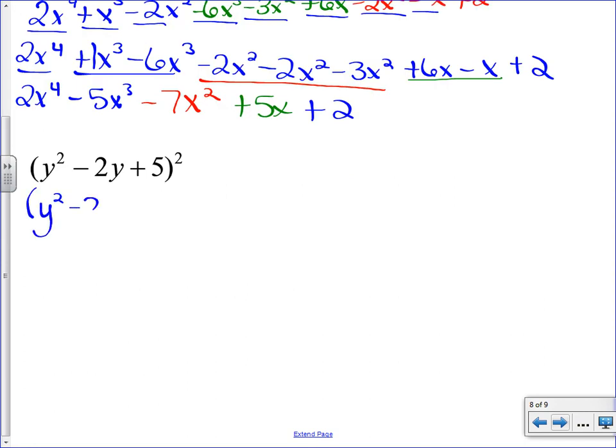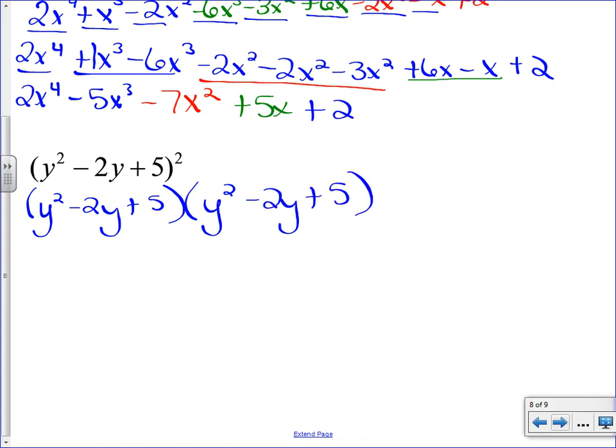Perfect. Y squared minus 2y plus 5. There's bracket number 1. And then I do the exact same thing. When you have this entire bracket raised to the exponent 2, that's talking about repeated multiplication. So it's saying I'm taking this and I'm multiplying it twice. Very good.